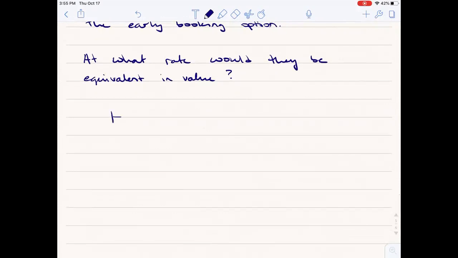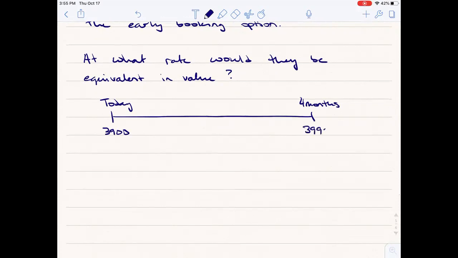So now we've got the same timeline. We've got today, and we've got 4 months from today. Now we're saying, okay, I start with 3,900 and I'm going to force it to be 3,995 because then they're equivalent 4 months from today. The time is still 4/12, and I'm trying to solve for the rate.